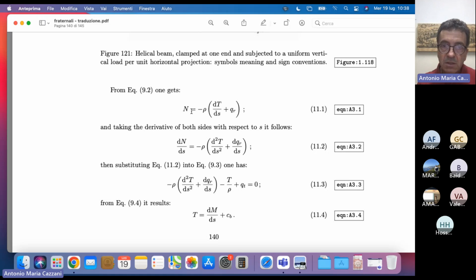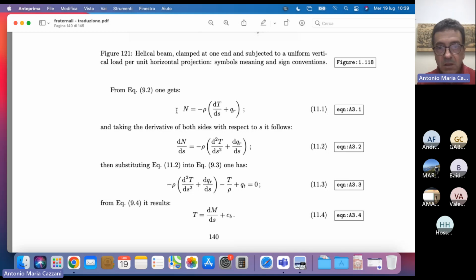And so we can see that n can be solved as a function of the derivative of the shear force with respect to the arc length plus the distributed load along the radial direction. And of course, with the proper sign, and here rho is the radius of curvature.